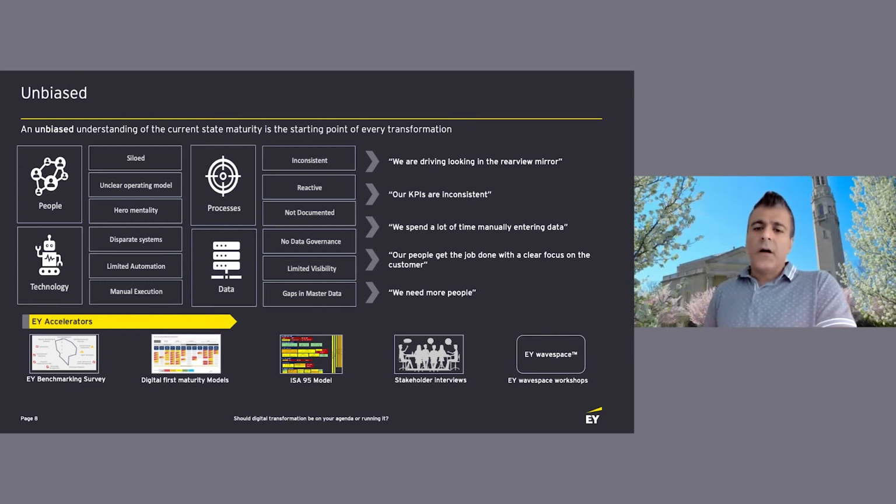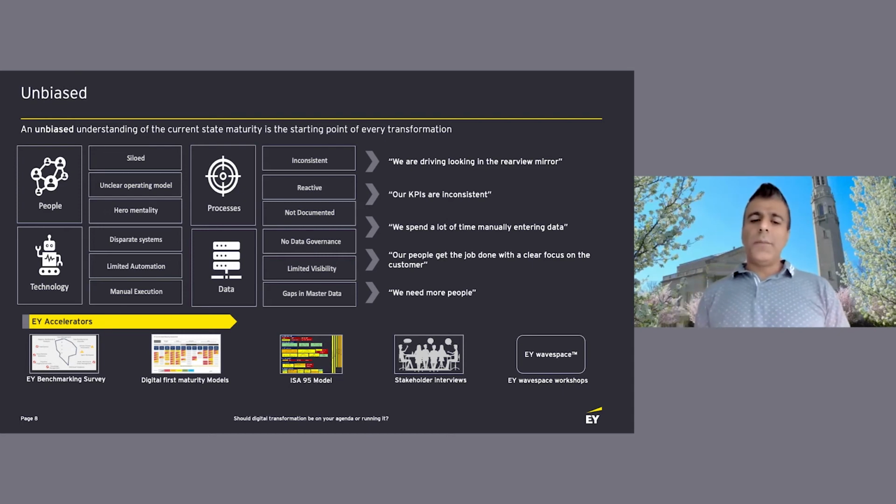The point I made earlier was, in order to accomplish all of this, most companies need to also have an unbiased understanding of their starting point, which requires obviously some investment upfront.